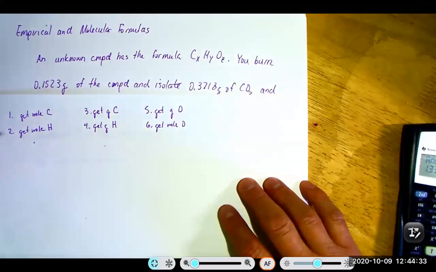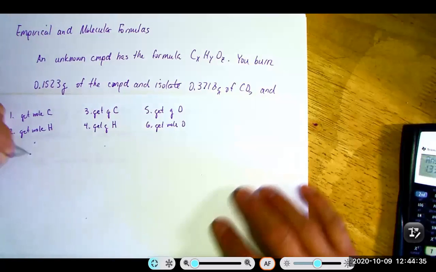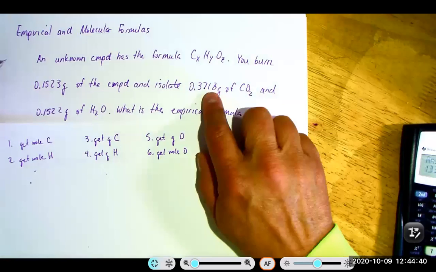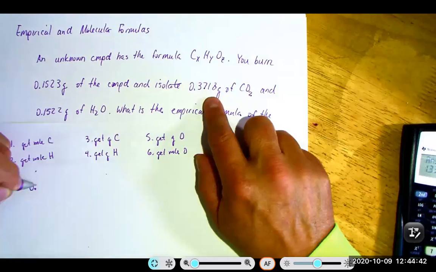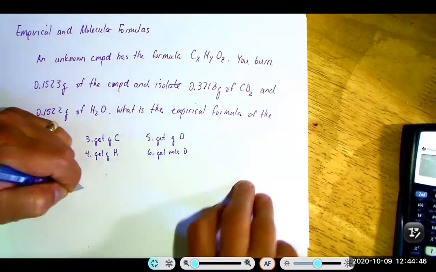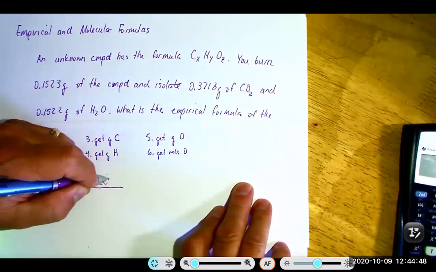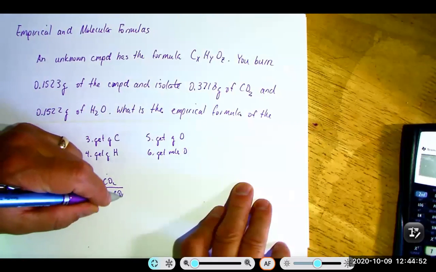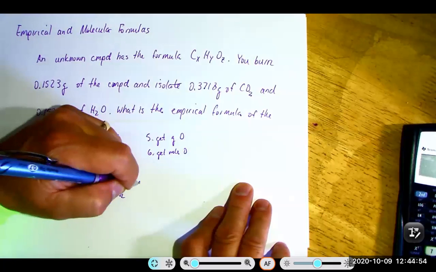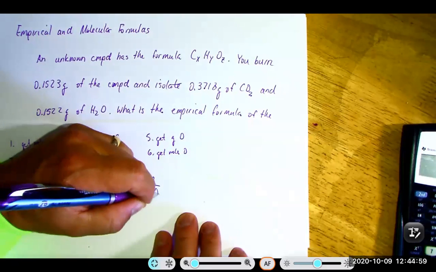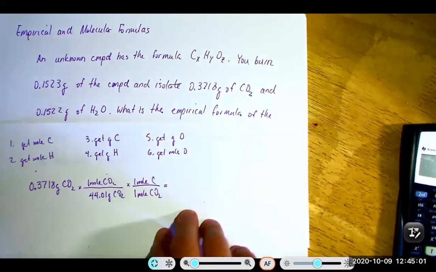So we're going to take our 0.3718 grams of CO2, multiply by 1 mole of CO2 per 44.01 grams of CO2, and times 1 mole of carbon per 1 mole of CO2. And you can see we get 4 significant figures here.